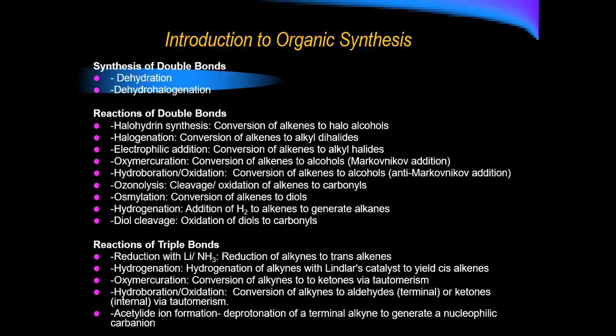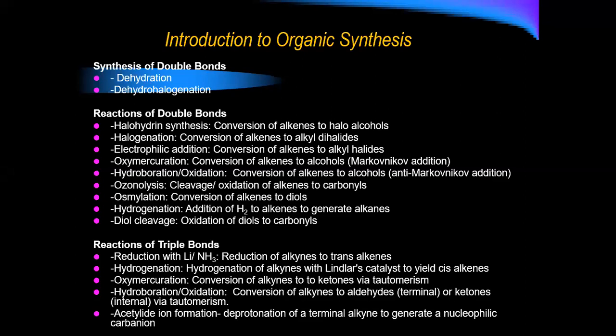And then we also talked about triple bonds, using lithium or Lindlar's catalyst to do cis or trans reduction to alkenes. We talked about hydrogenation. We talked about oxymercuration and hydroboration to the enol, and then the enol tautomerizing to give you the keto form with either one of those two reactions.